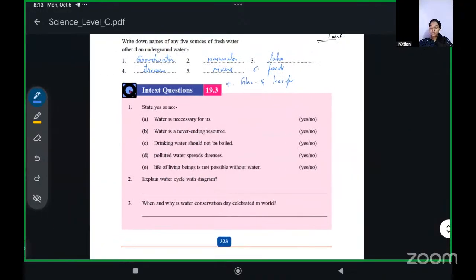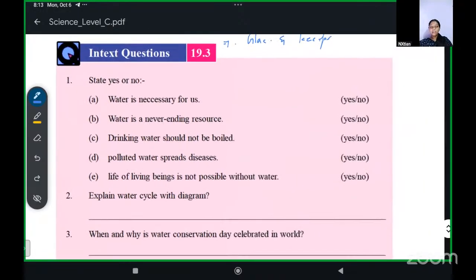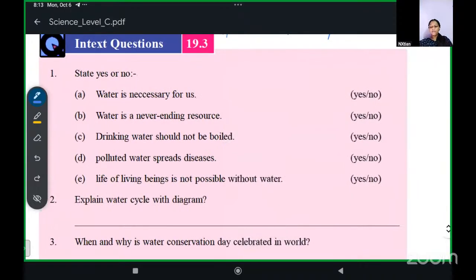Now, true or false? Say yes or no. Water is necessary for us? Yes. Water is a never-ending resource? No. Drinking water should not be boiled?